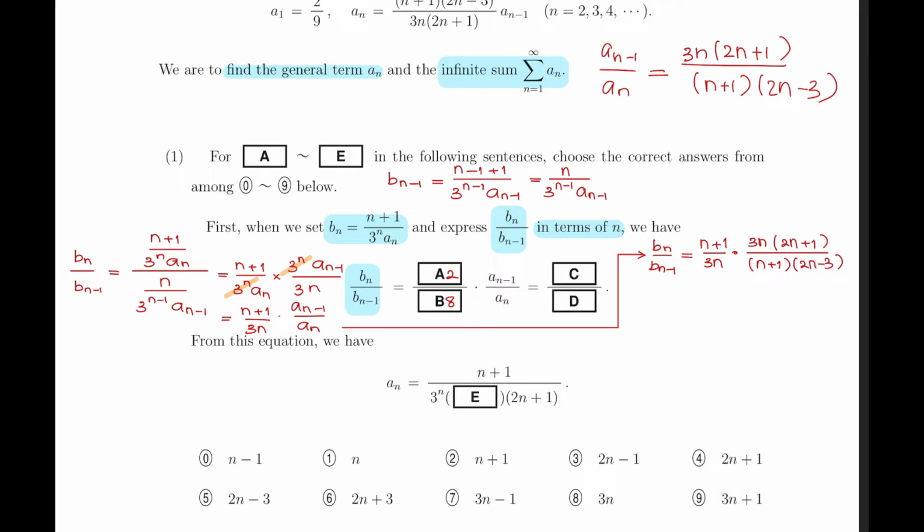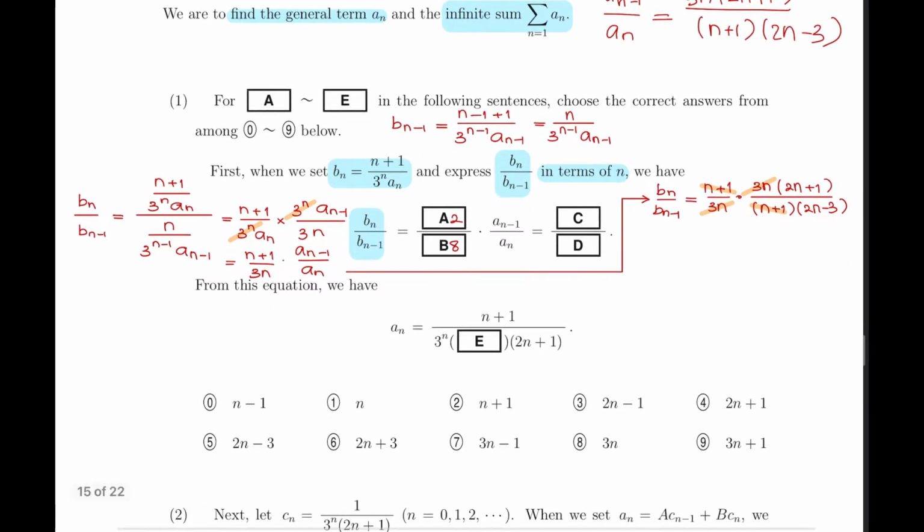Of course, I can cancel out 3n and n plus 1. So my final answer is bn over b(n minus 1) equals (2n plus 1) over (2n plus 3).